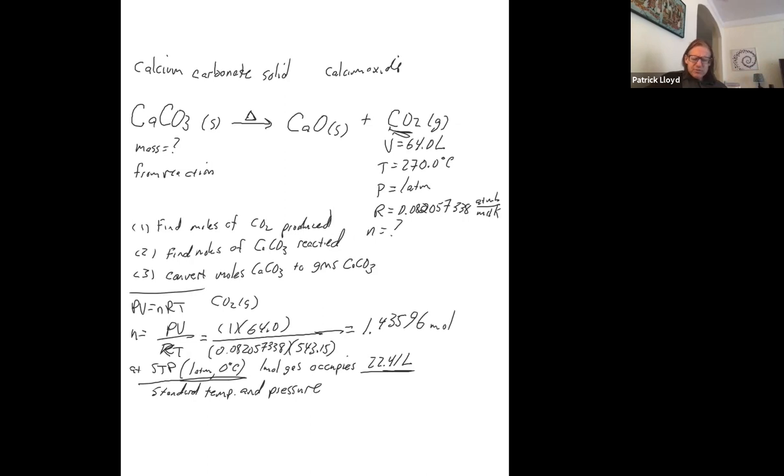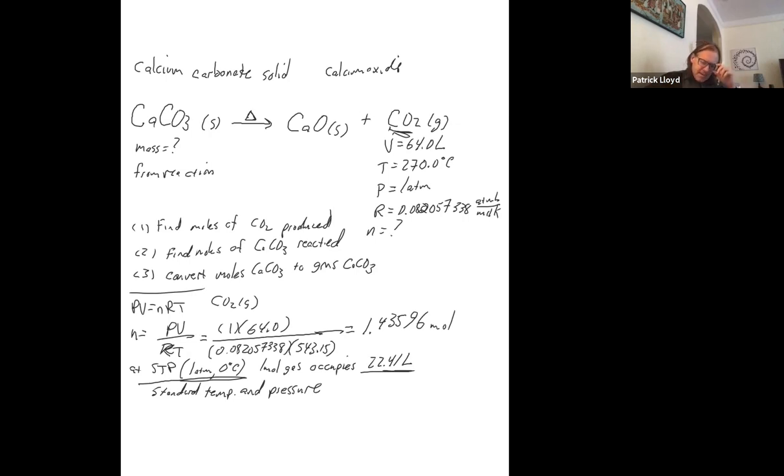So presumably at STP, it would be more than 1 mole. 2 moles would be twice as much, which is 44. 3 moles would be 3 times as much, which is 66. But you have to be careful because the temperature is not 0 degrees C, it's 270 degrees C. But it at least told me that it seems like it's reasonable, it's possible.